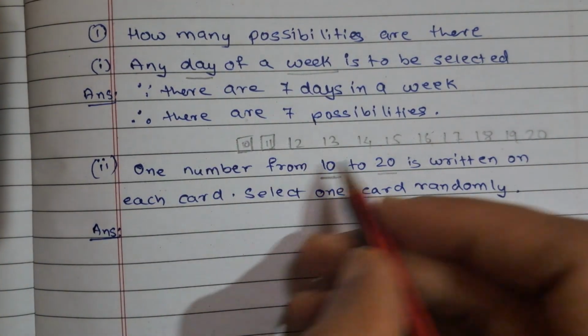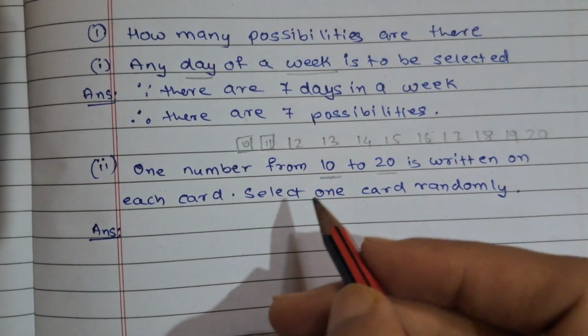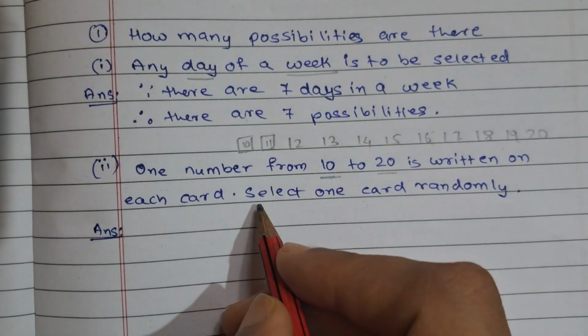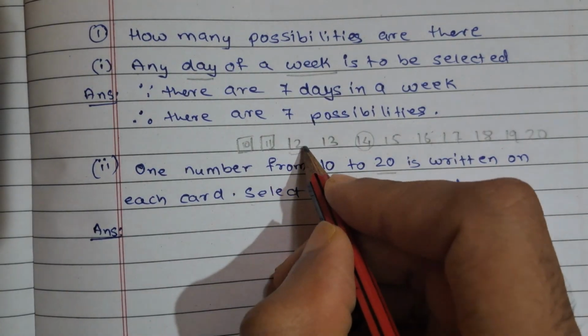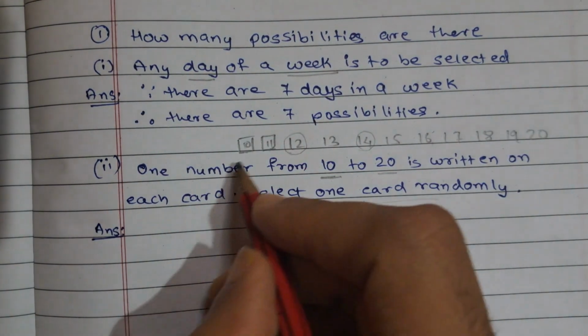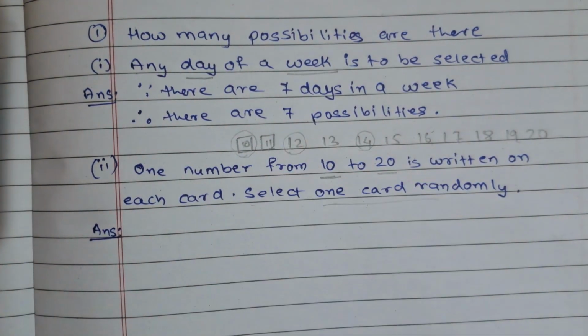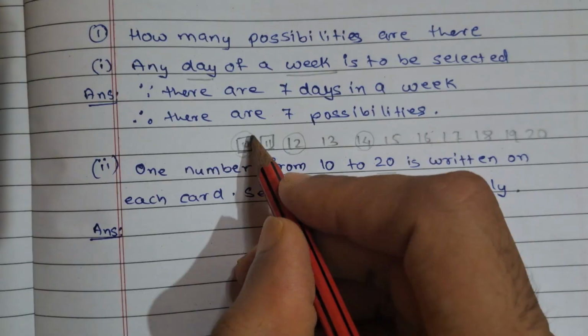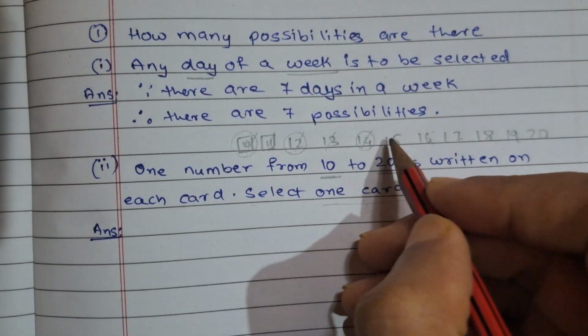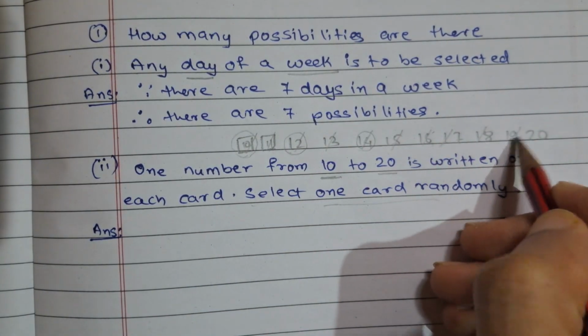So if I count how many cards there are inside this. Let's say I do the same experiment over here, right? I ask you to select one card randomly. Someone might select 14, someone might select 12, or someone might select the very first number 10, or there are n number of possibilities, right? Let's see how many such numbers can be selected. 1 2 3 4 5 6 7 8 9 10 11.